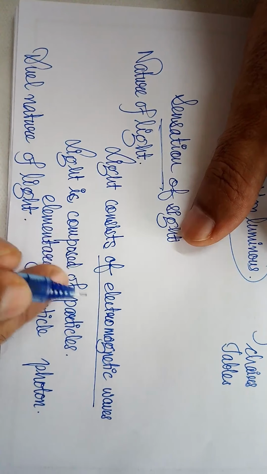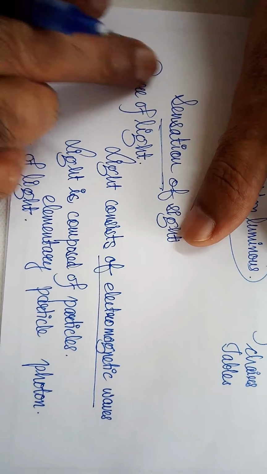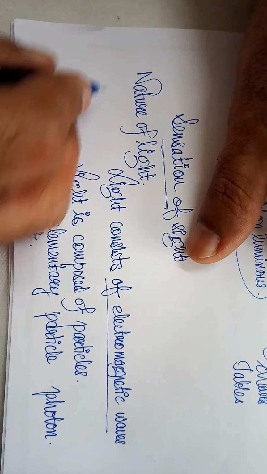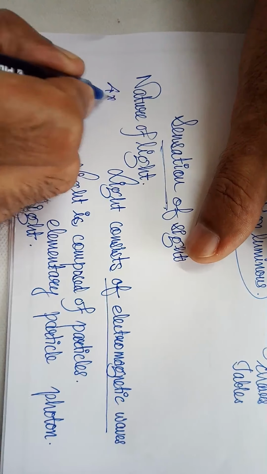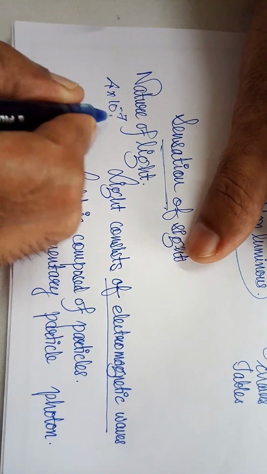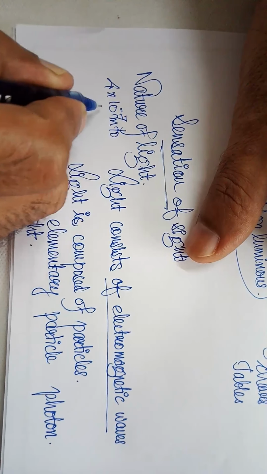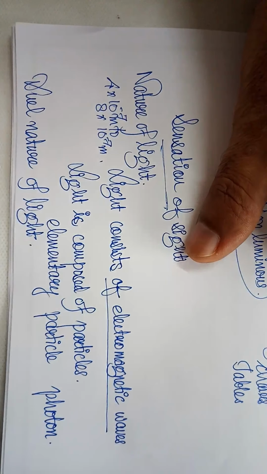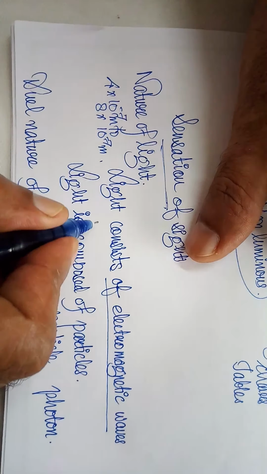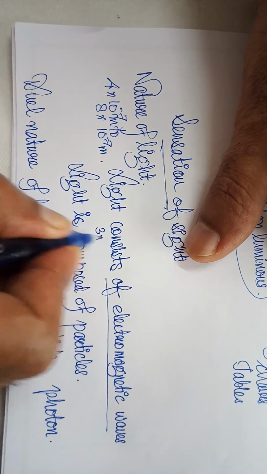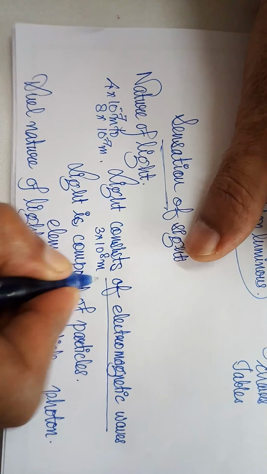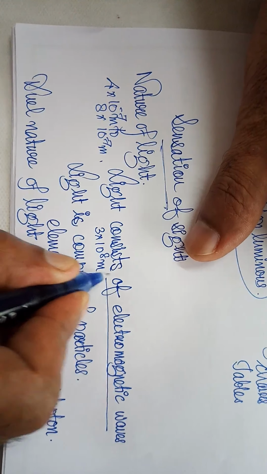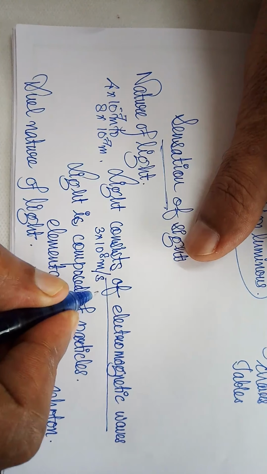The visible wavelength of light is so small, about 4 × 10^-7 meter to 8 × 10^-7 meter, and its speed, as you know, is 3 × 10^8 meters per second in vacuum.